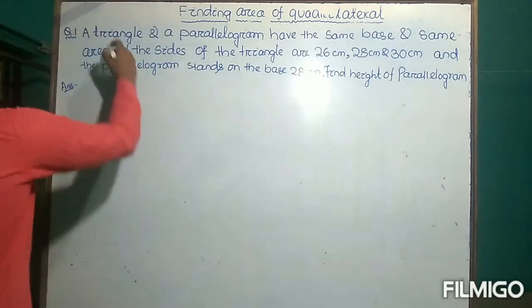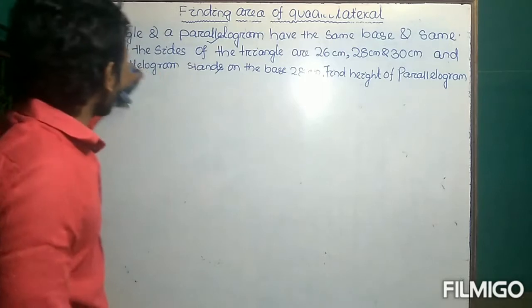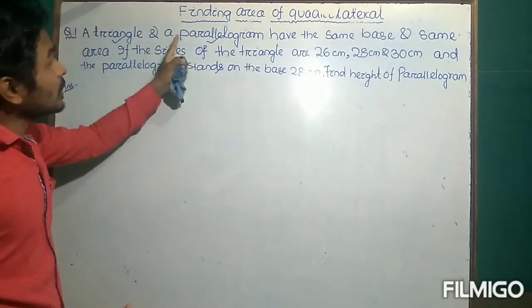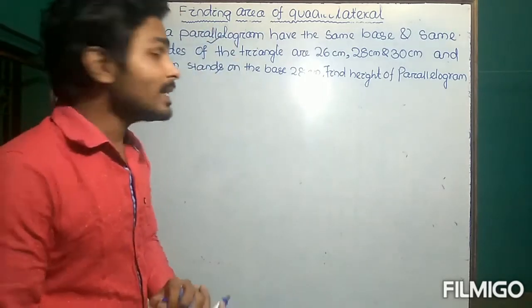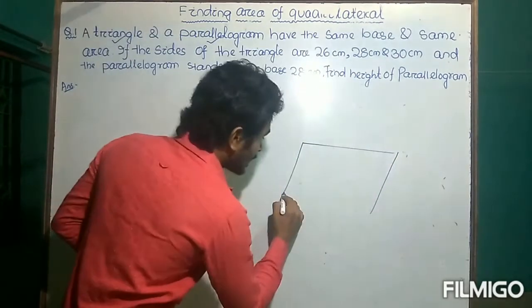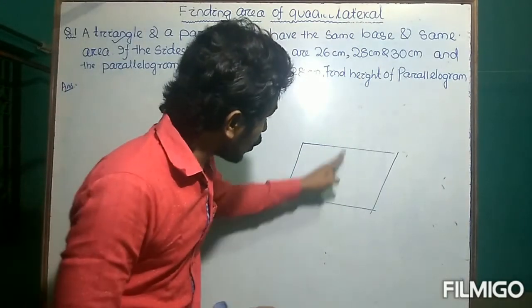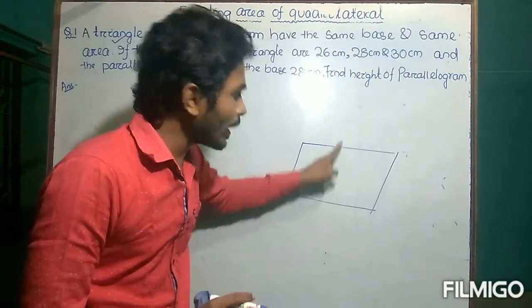Okay, so here there are two geometrical figures. The first one is a triangle and the other is a parallelogram. What is a parallelogram? A parallelogram is like a rectangle in which the two opposite sides are equal.